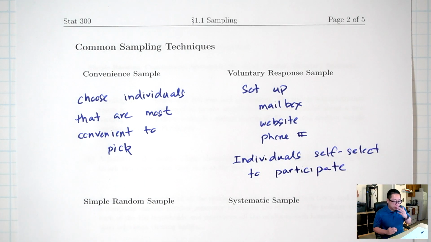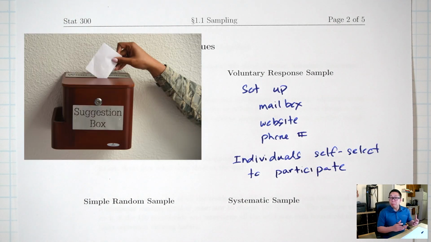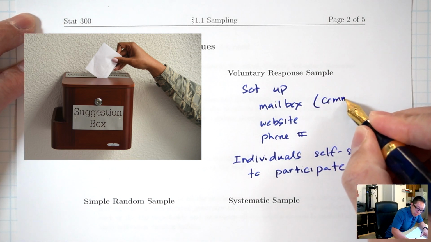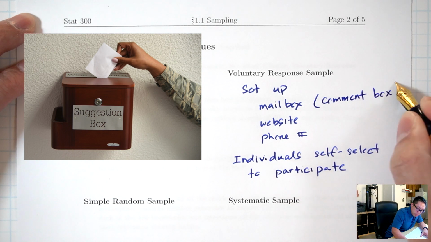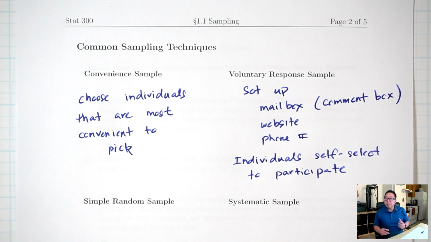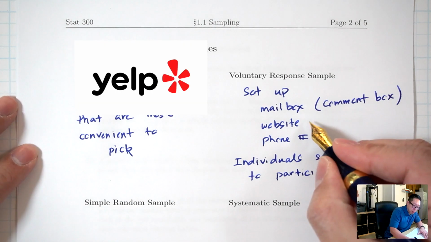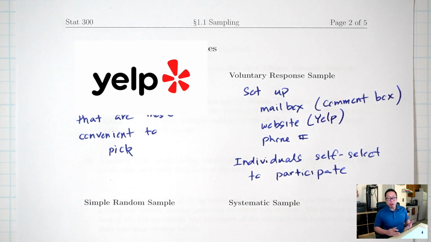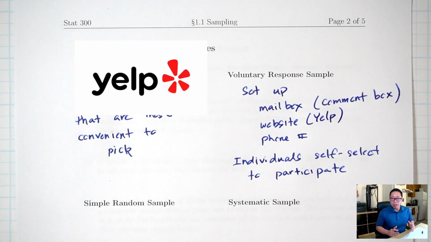And so what I'm thinking of in this example is, say, a mailbox at a restaurant, right? On your way out, sometimes you might see a comment box, right? Where you can write down any comments that you have for the business and then put it in the comment box. So this is a comment box at a restaurant. Website, I'm thinking of things like Yelp, or any review site where the website's set up, it's open to the public, and people choose to go to the website and then write a review, right?